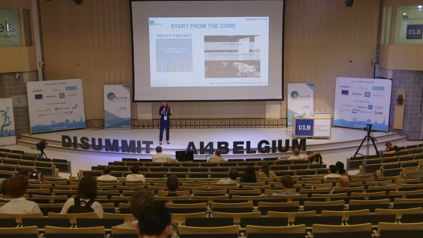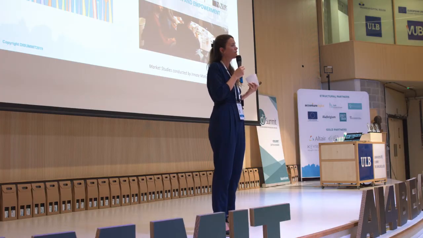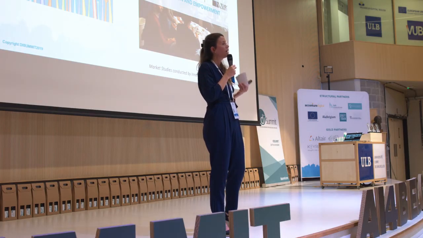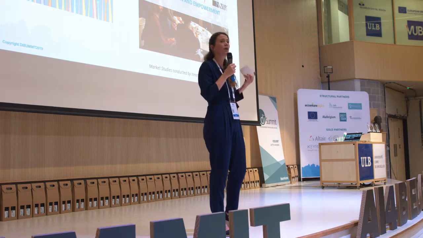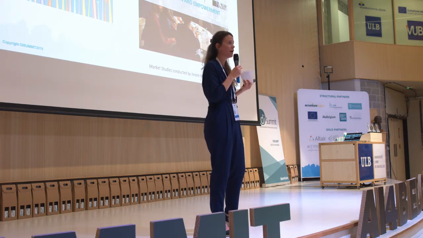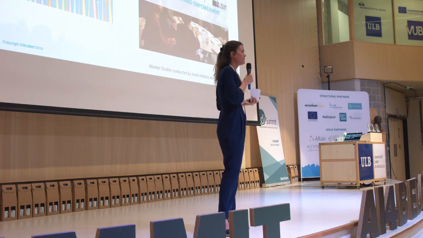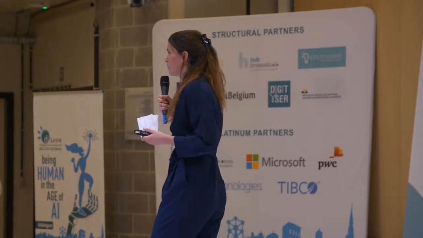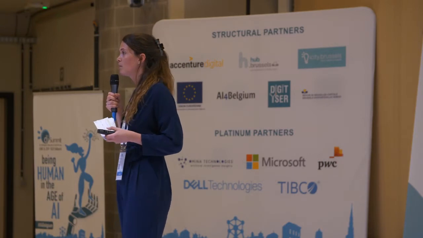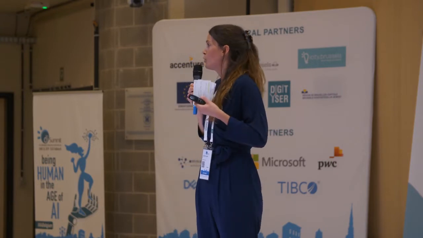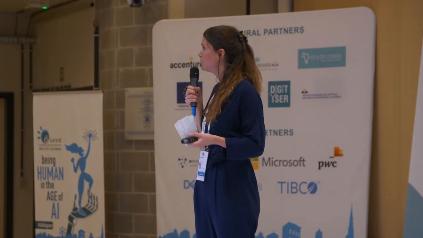Because all the use cases that I just demonstrated, and any new use case we would like to deploy in the future, cannot be systemic if we don't deploy an ecosystem at large scale where individuals can decide with whom and for what purpose they will share their data. Why is it important? Because data is the fuel of AI. Data comes from individuals. So data is our new voting right to define and guarantee how we want to reshape the future. Thank you very much.